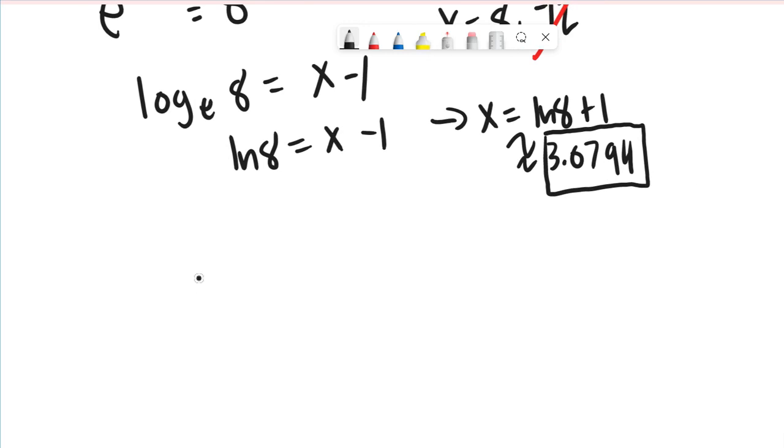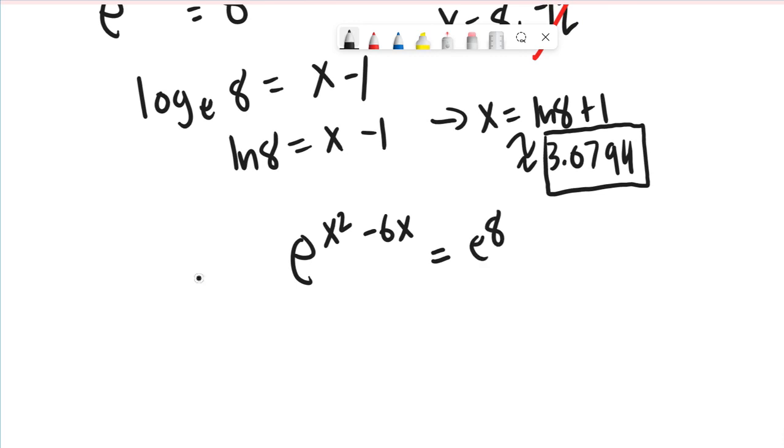Now, of course, if we wanted to, we could look at another type of equation, like if we had maybe e to the x squared minus 6x, and this was equal to maybe e to the 8.